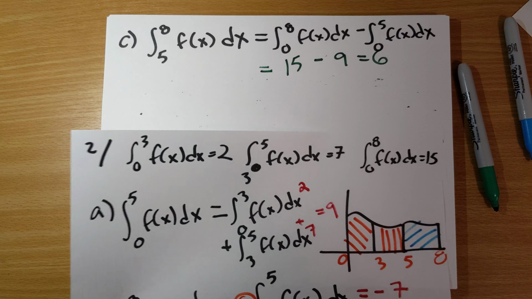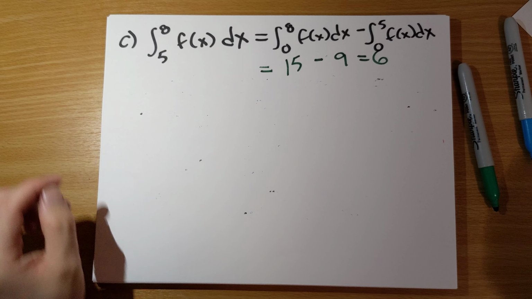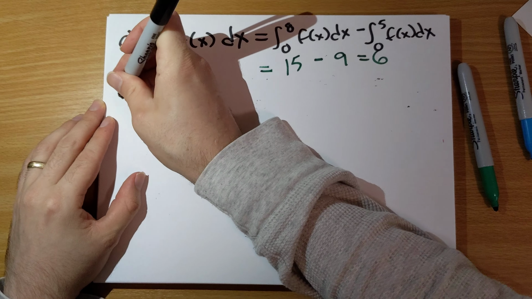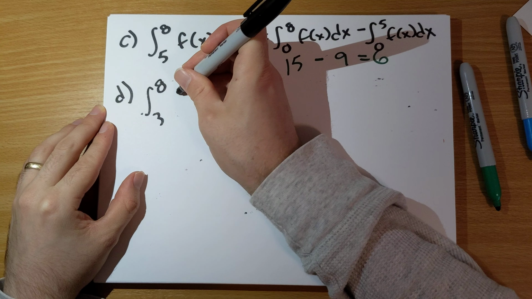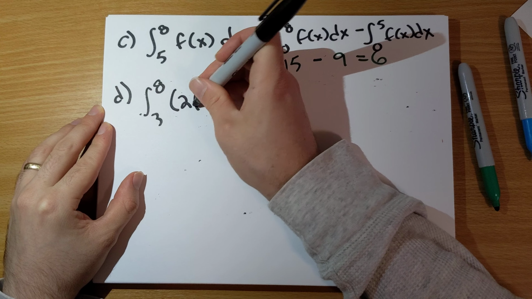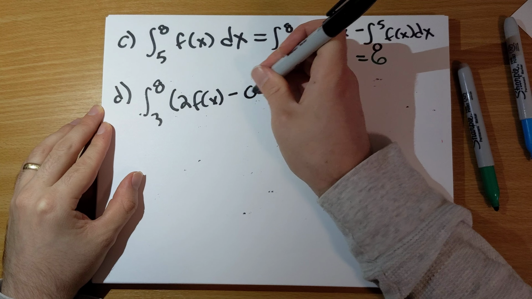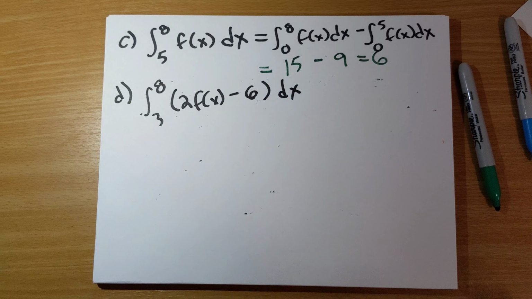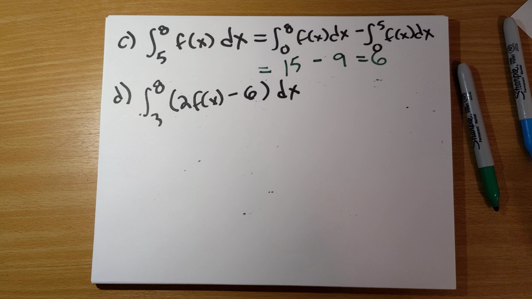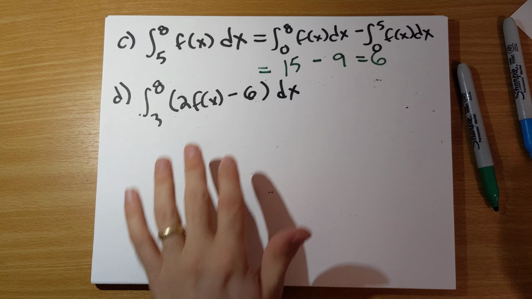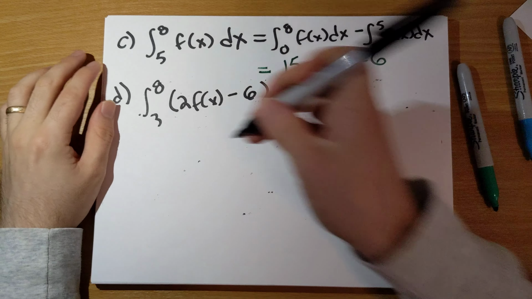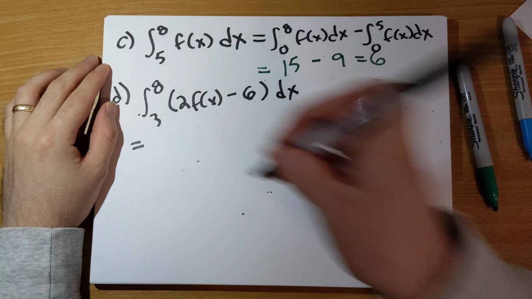Okay, that is part C. There's one more to go here. Part D is asking us about the integral from 3 to 8 of 2 times f of x minus 6 dx. So the first thing I'm going to do is get rid of all of the stuff that isn't directly relevant to the f of x here.